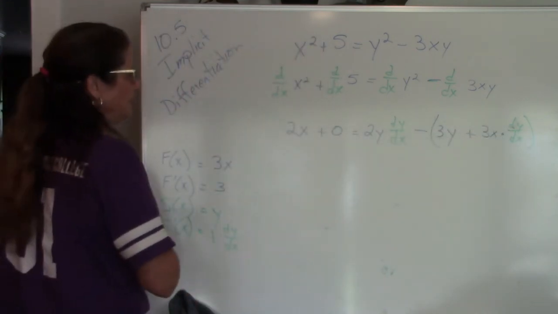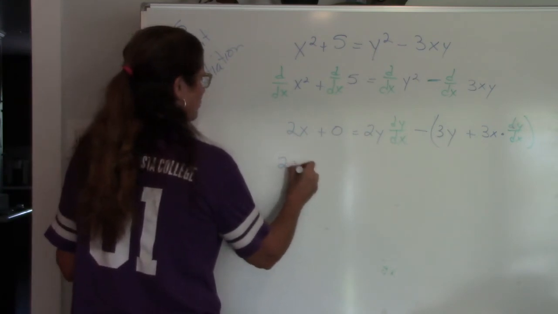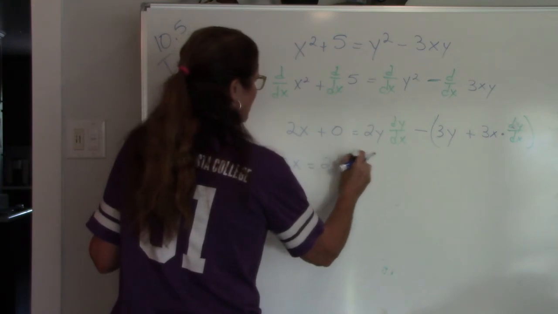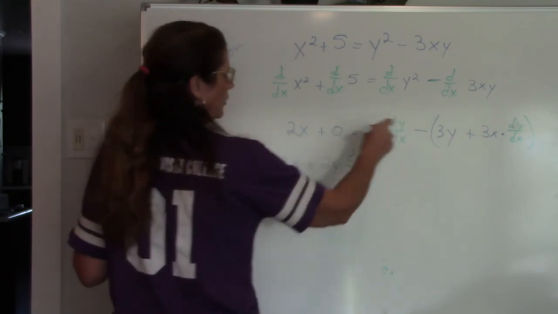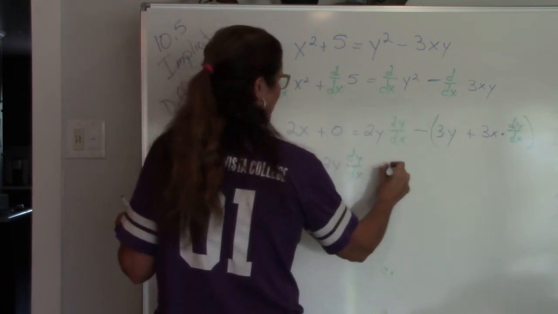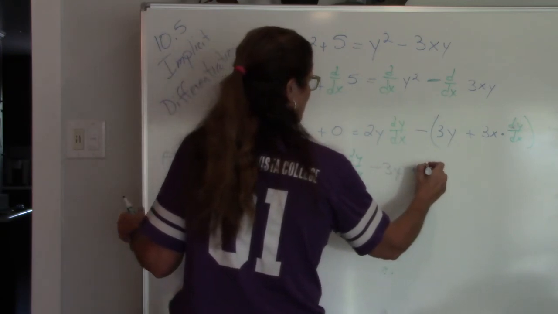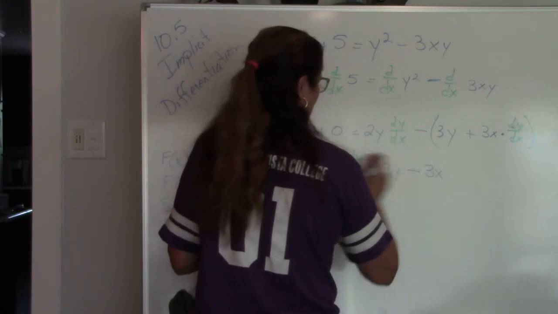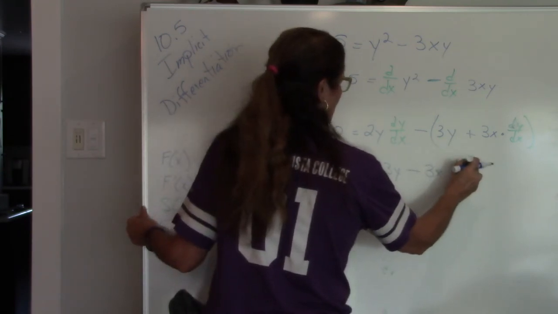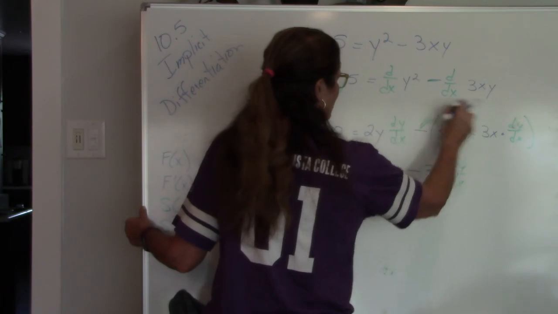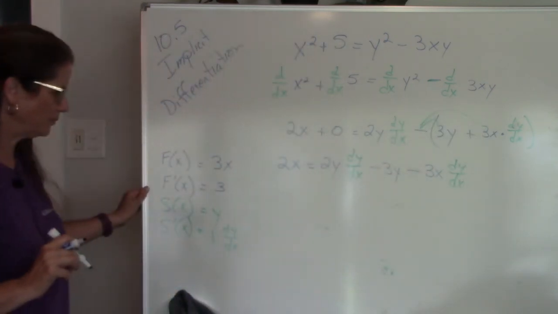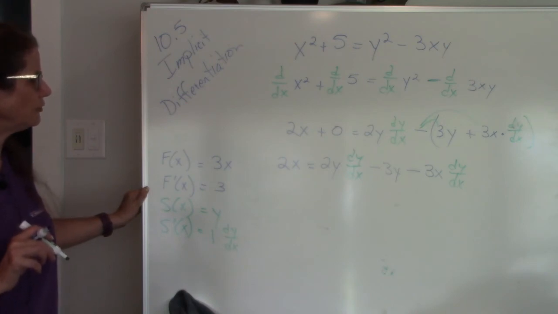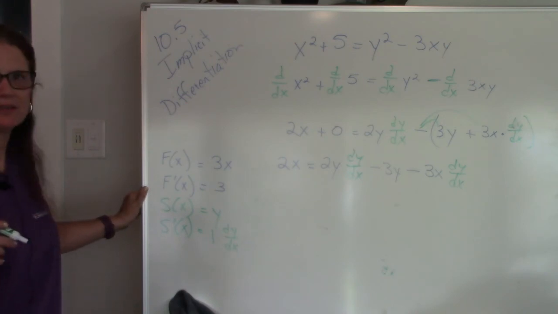So now I'm just going to clean this up a little bit. So I end up with 2x equals 2y dy dx. And I'm going to push this negative through: minus 3y minus 3x dy dx. So what I did is I just pushed that negative through both. Okay? And this is where, if you notice, I have 2 dy dx's.